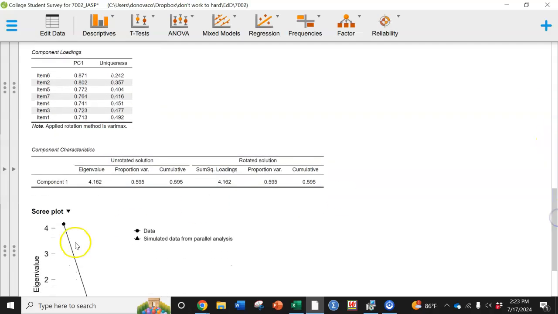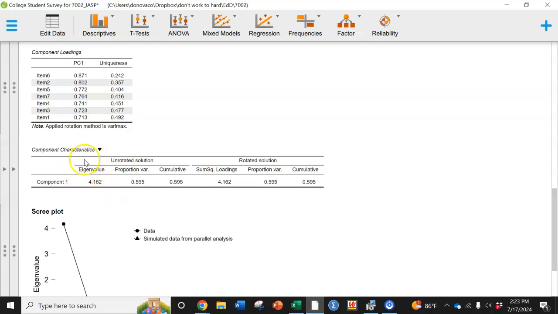I'm going to scroll down right here to component 1. So this is only pulling out a single factor. If there were multiple ideas in here, so for example, if I'm studying mental health, some of the items might be about depression, some of them might be about anxiety, some of them might be about stress, I would expect 3 components, 3 dimensions, 3 factors, all interchangeable words in this case.